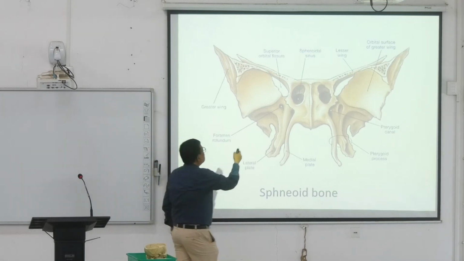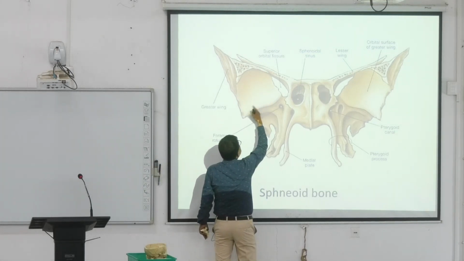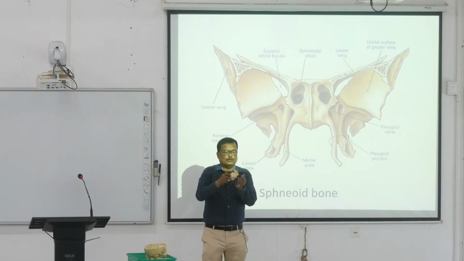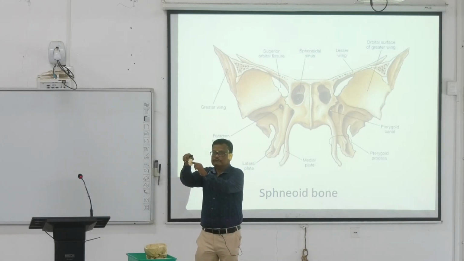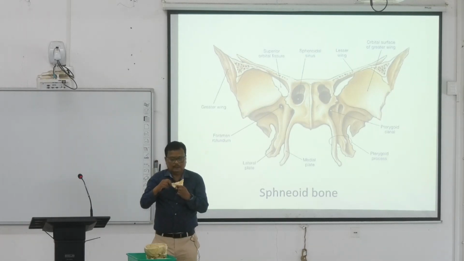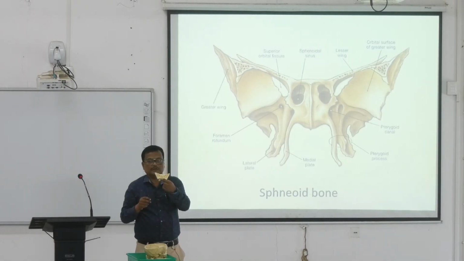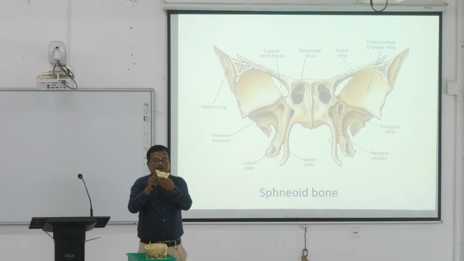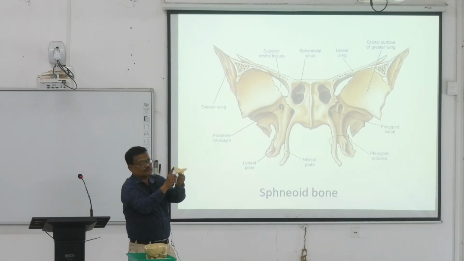And obviously, another thing, this is the orbital surface of the greater wing of the sphenoid bone. This is what I showed. So this is the orbital surface, this area. Okay?